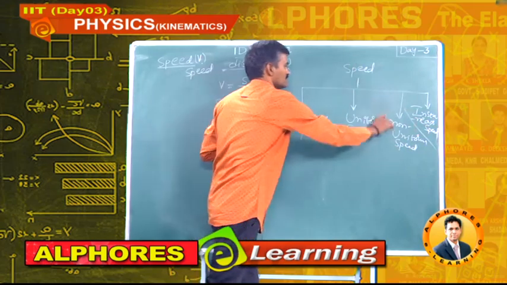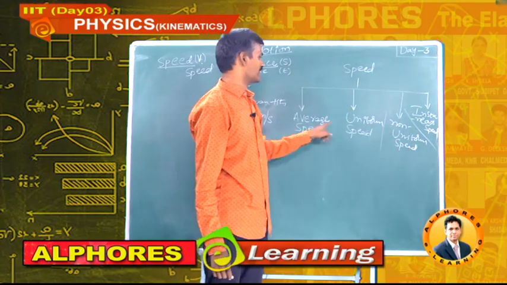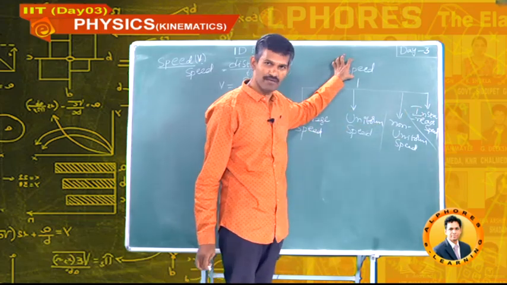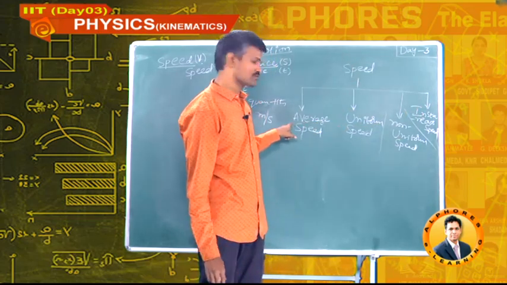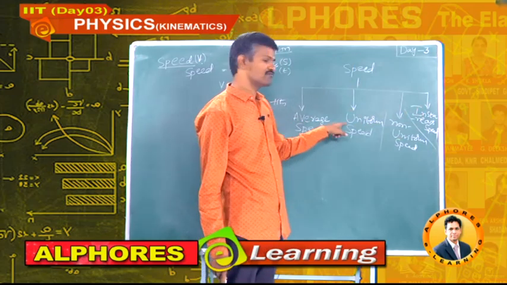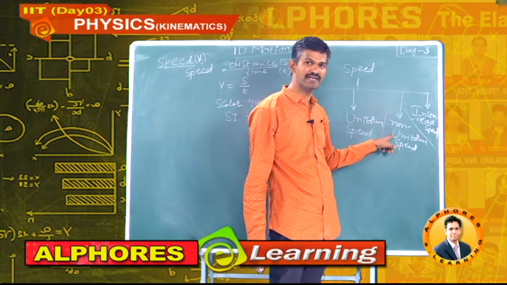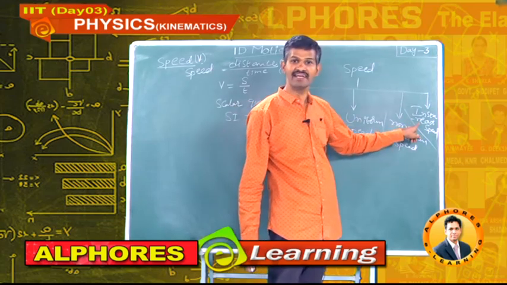So, speed is classified into 4 categories only to understand the speed concept. First one is average speed, second is uniform speed, third is non-uniform speed, and the last one is instantaneous speed.